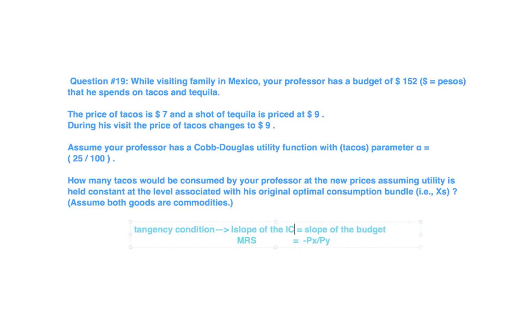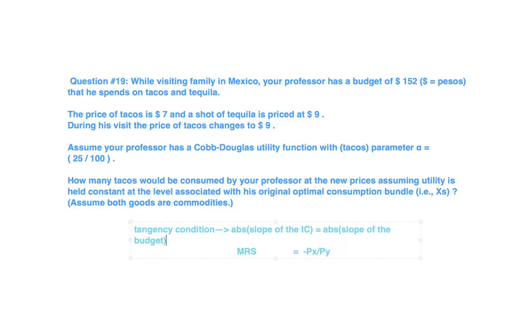So I could put it like this, absolute value, maybe that'll help. And when we take the absolute value of one side, we'll take the absolute value of the other side too.